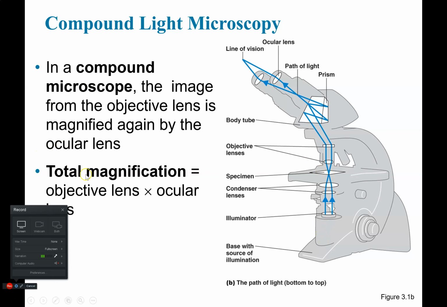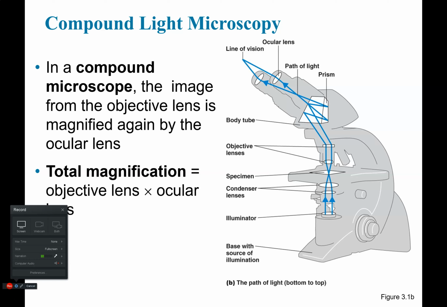Another important concept is to know that total magnification is calculated by multiplying the magnification of the objective lens that's being used by the magnification of the ocular lens. Generally, ocular lenses are 10x. That's pretty standard.